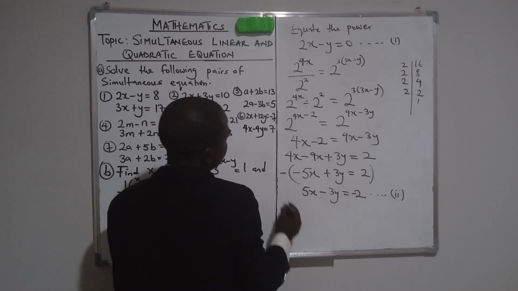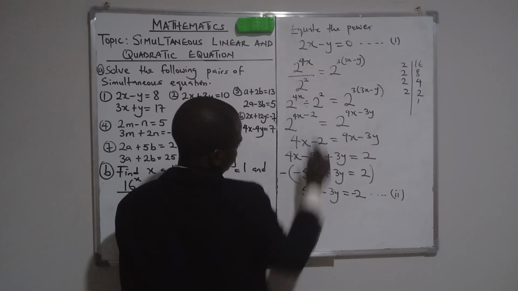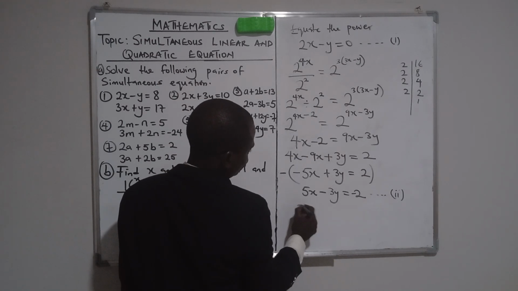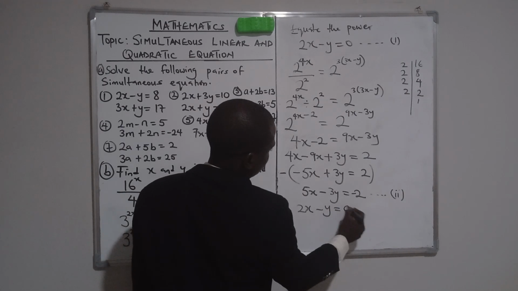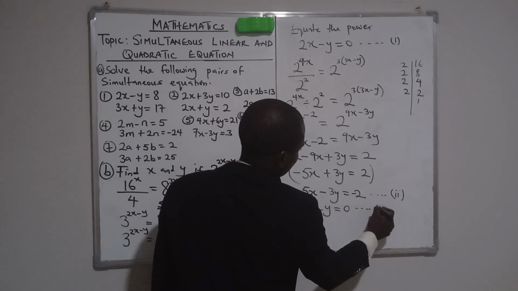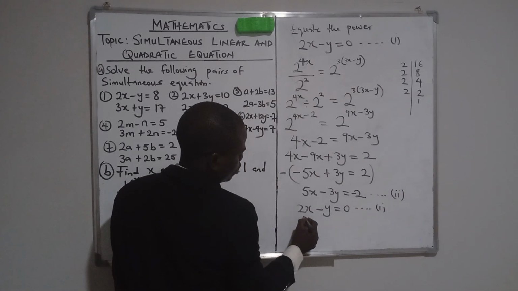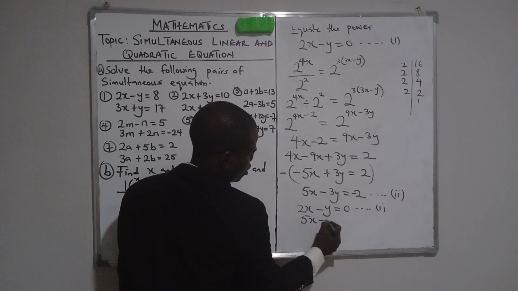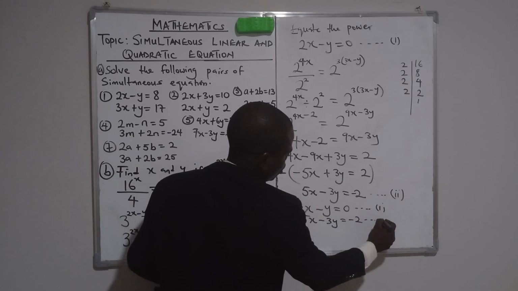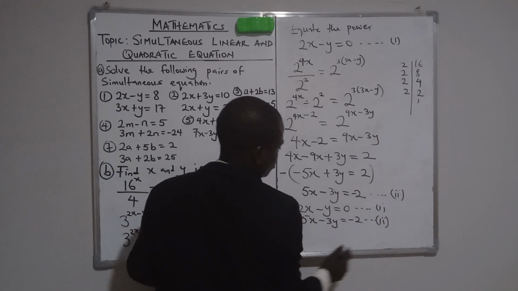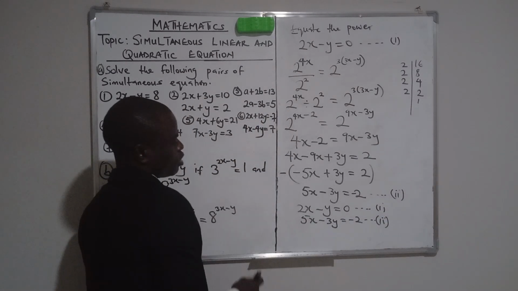Okay, let's bring them together. Equation 1 is 2x minus y equals 0. Equation 2 is 5x minus 3y equals minus 2. Now I want to look for the value of x and y.